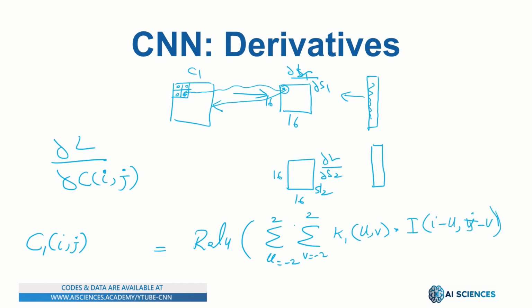Obviously, this thing plus bias, let me call it b1.